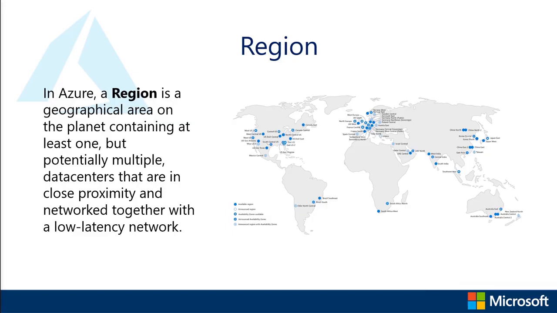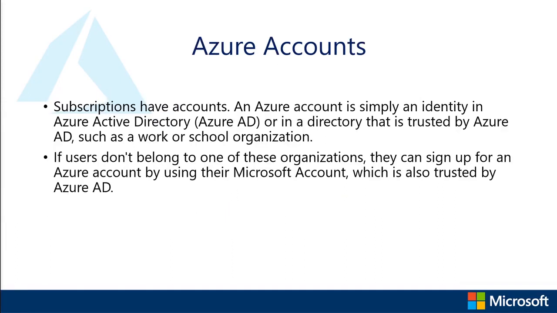And the region discussion brings me to the Azure accounts. An Azure account, folks, it's basically the usage of the subscription attachment that will be given to access to the platform. Remember, the subscription will give me the chance of interacting with the services. An Azure account is the identity in the directory that is trusted by that to use the subscription we created.